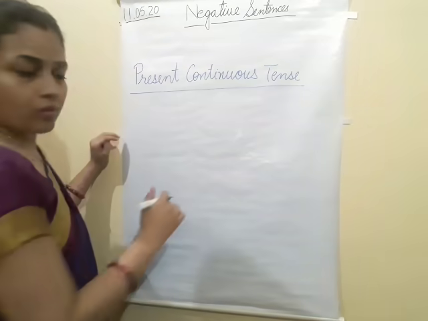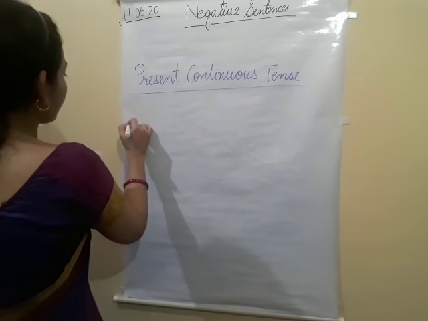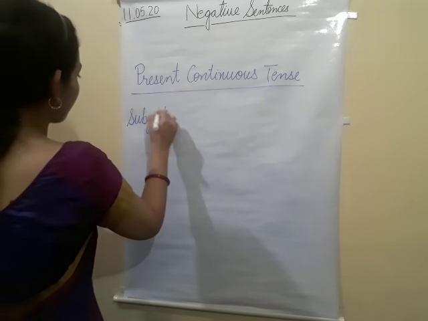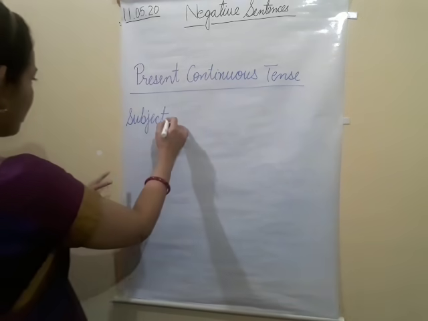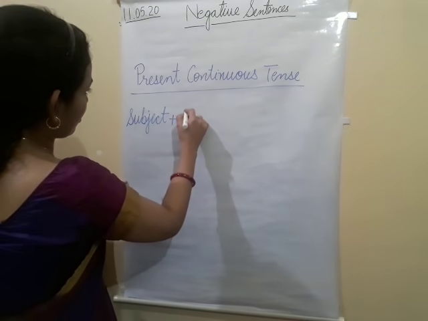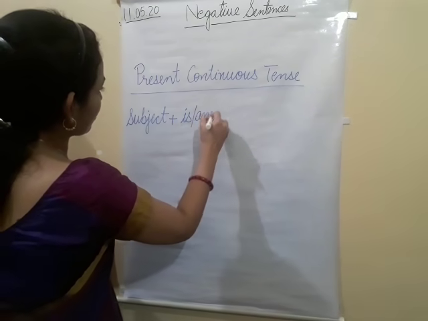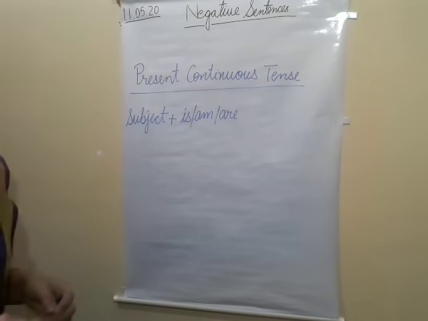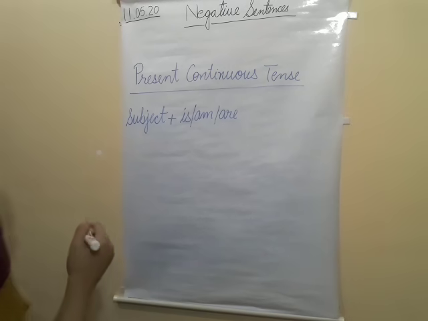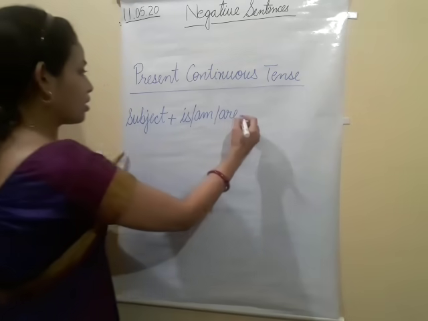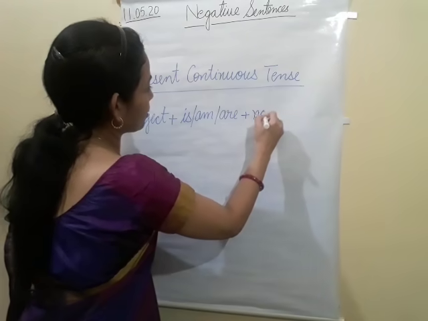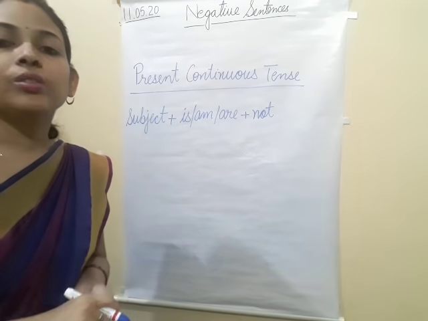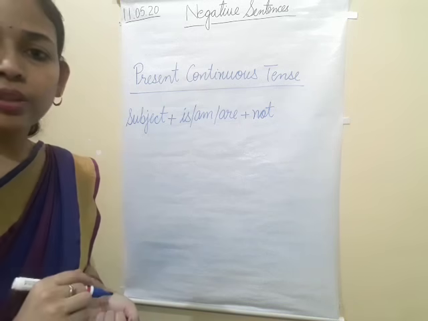So here it will be again subject, then is, am, are. We use is, am, are, not. And in continuous tenses, present continuous tense, we use the ing form of the verb.